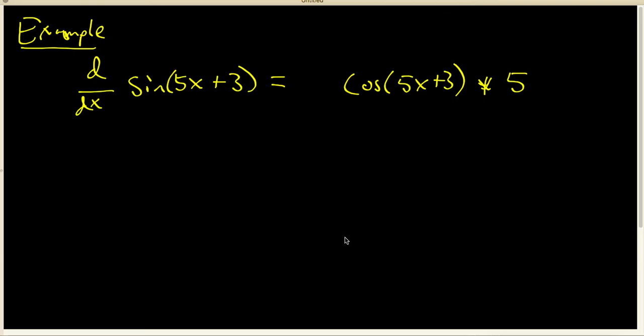So I've got this basic equation that says the derivative of the sine of 5x plus 3 is 5 times the cosine of 5x plus 3. Let me write that down in a more compact fashion.